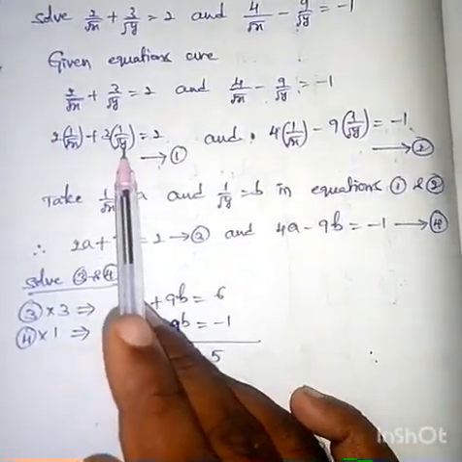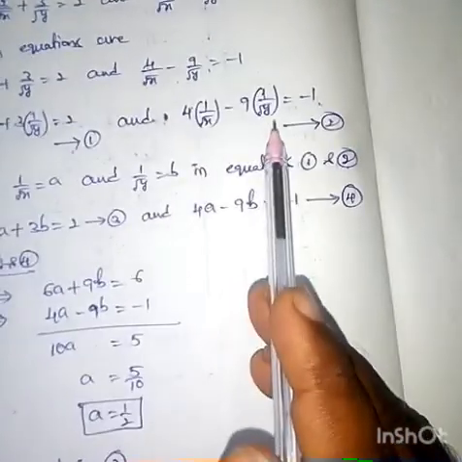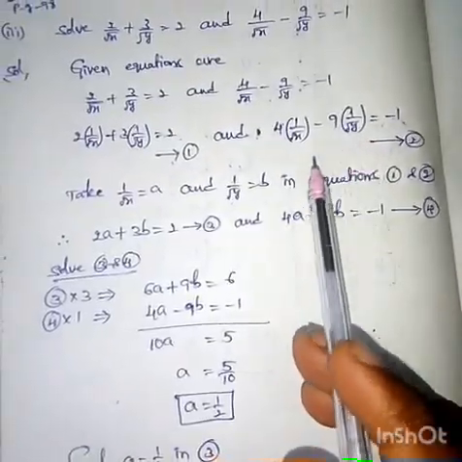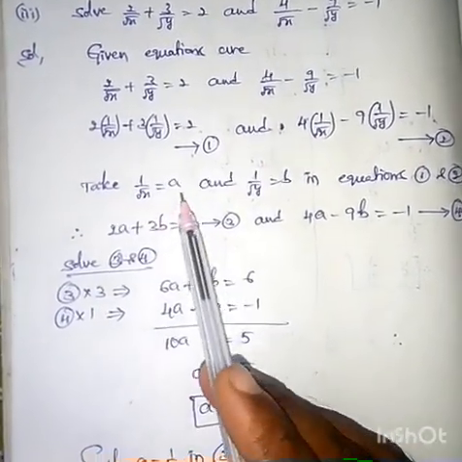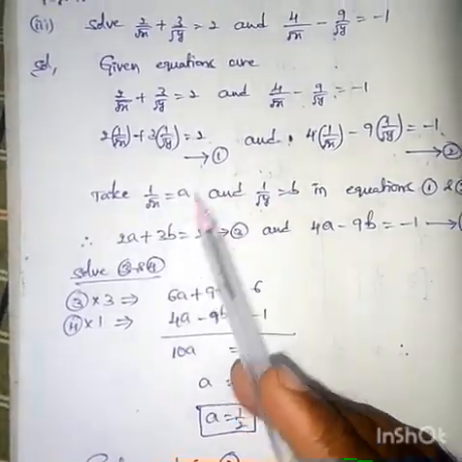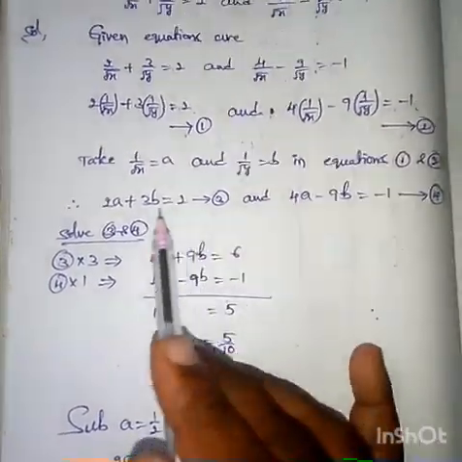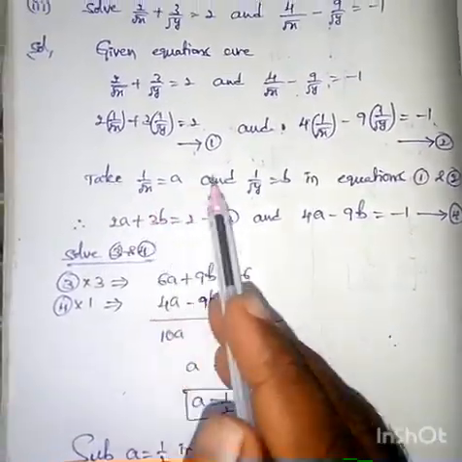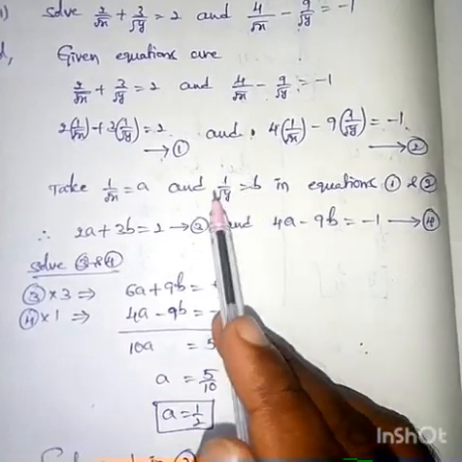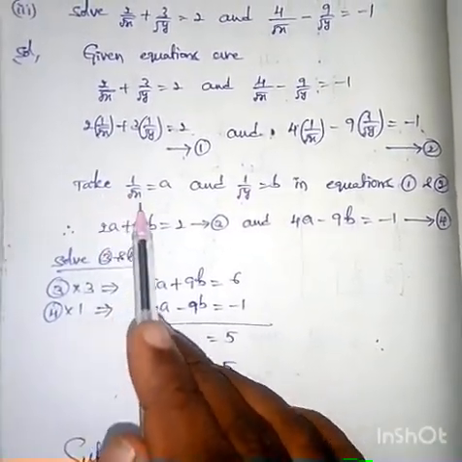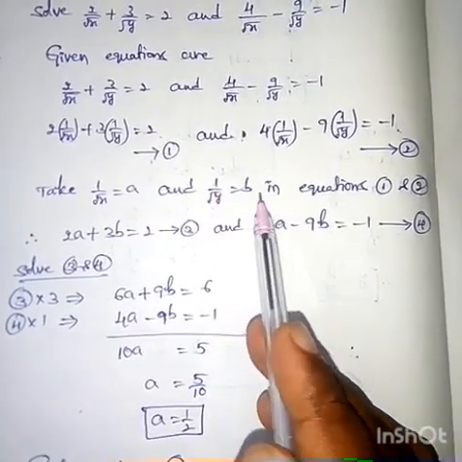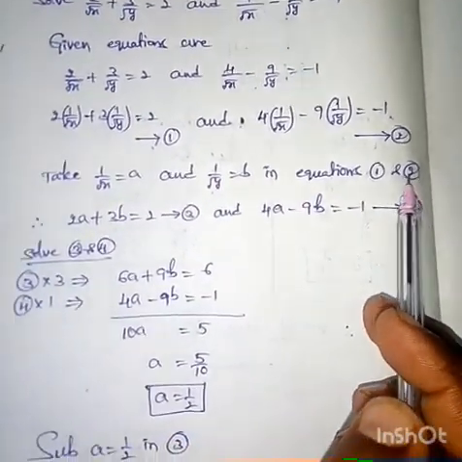Similarly, the second term is 1 by root y and 1 by root y. Okay, so by these common terms we use other values to reduce the equations. So that's why I'm taking 1 by root x value as a and 1 by root y value as b. So now substitute, take 1 by root x equal to a and 1 by root y equal to b in equations 1 and 2.